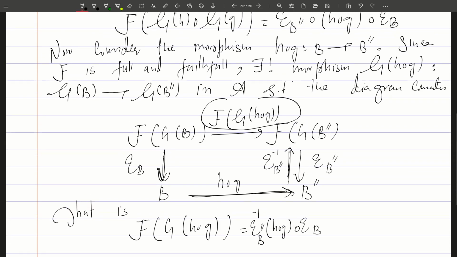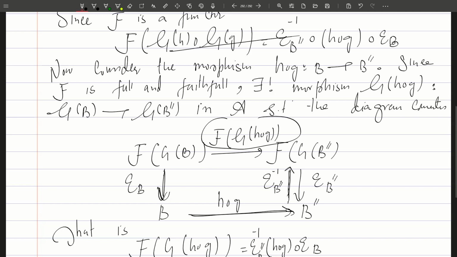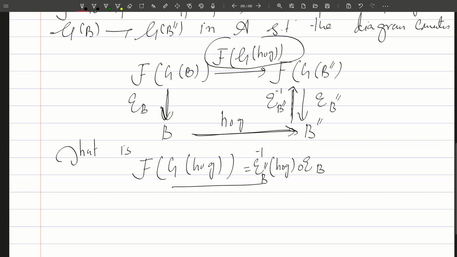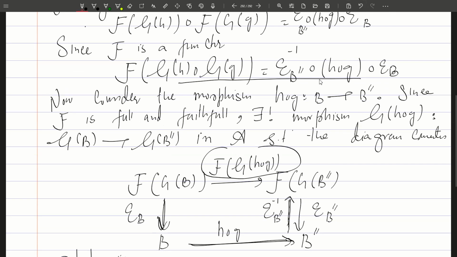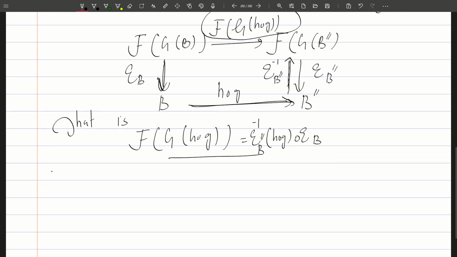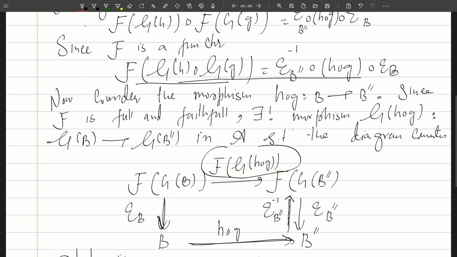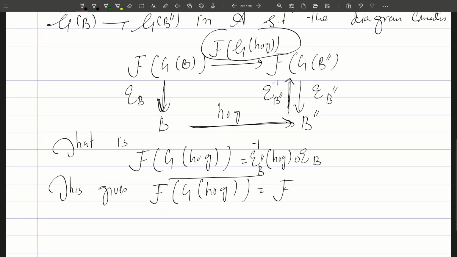If you look at this expression and this expression, both have the same right hand side, so this would imply the left hand sides are equal. So F of G of h composite g is the same as F of G of h composite G of g.